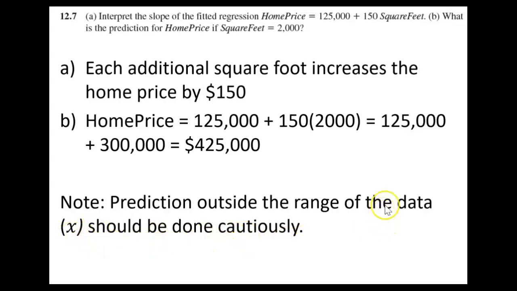That means if you have a variable of square feet and the minimum is 500, a 500 square foot home, and the maximum is 5,000, predicting home price for a house with square feet below 500, or for a house with square footage above 5,000, is probably going to be inaccurate.